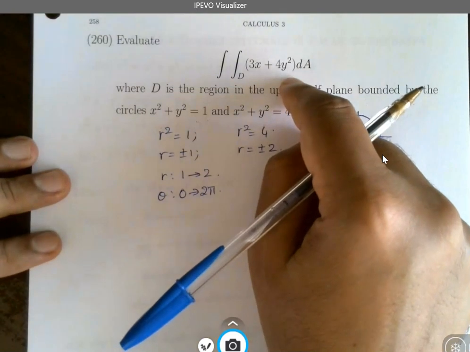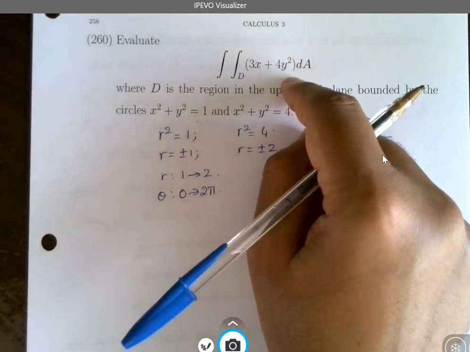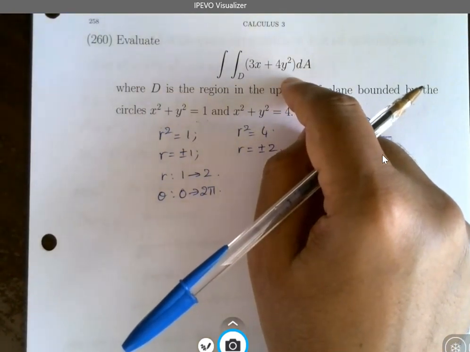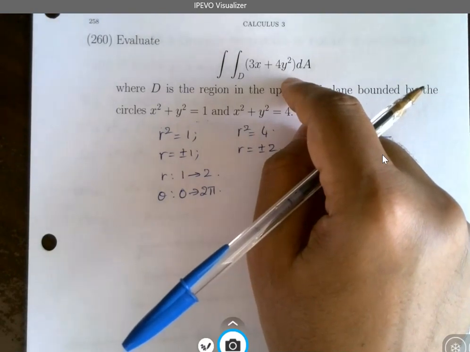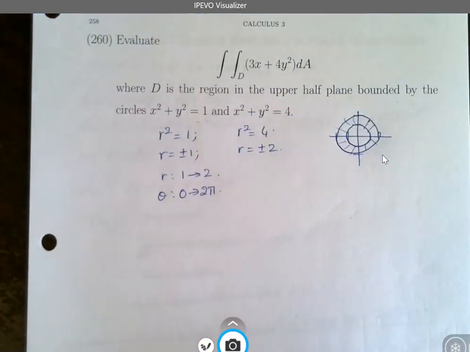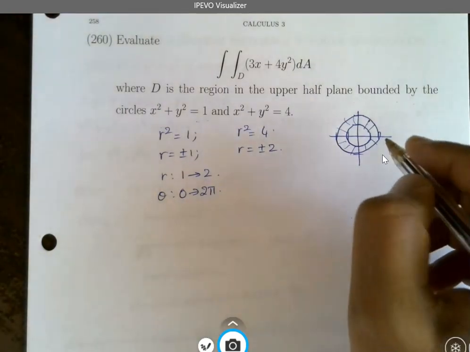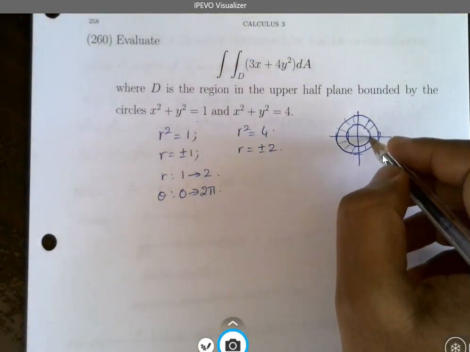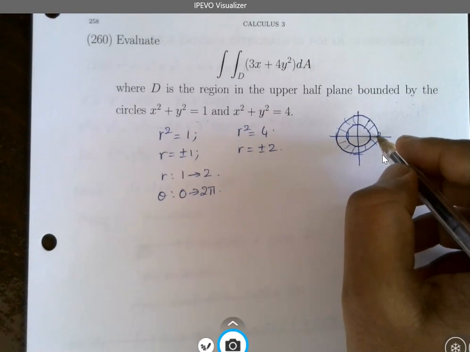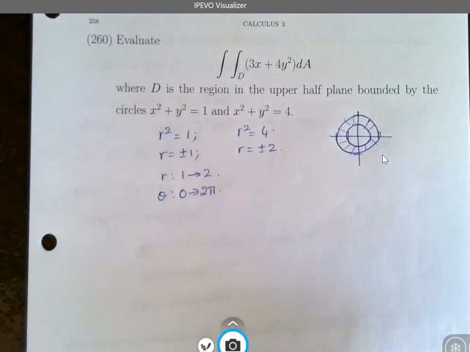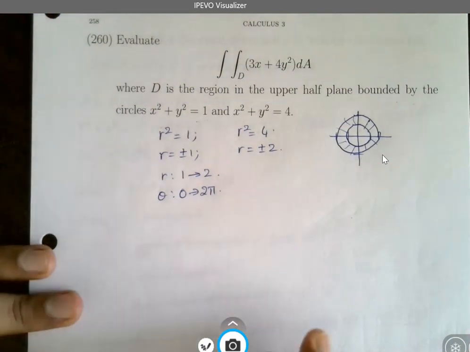If you try this using rectangular coordinates, I don't know what I will get, I'm not going to try it, but you can try. Your x would vary from 1 to 2, and your y also from 1 to 2. That should not be bad at all, but that's one way to go about it.